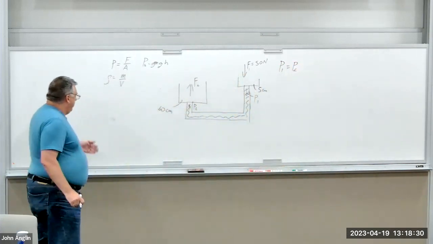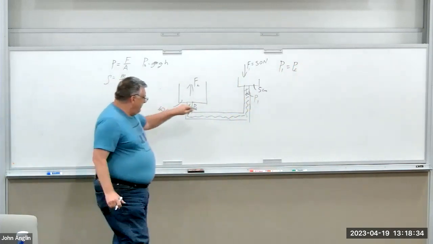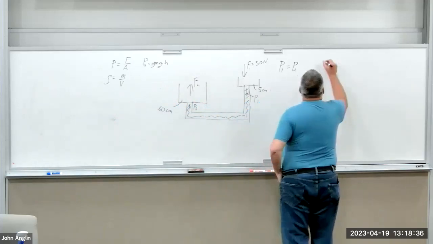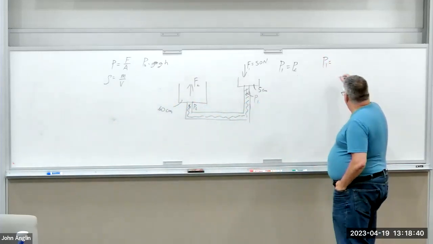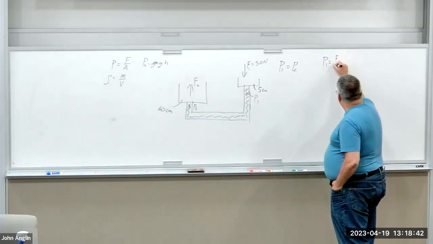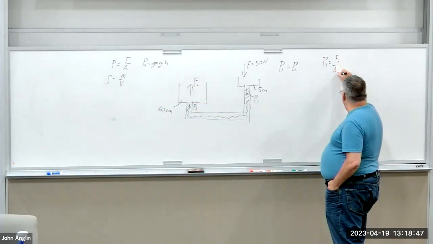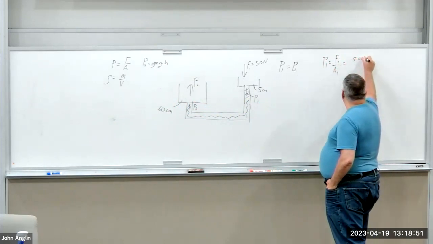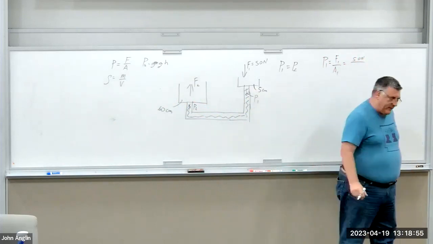So let's find what P1 is. Remember, pressure is force per unit area. So we have the force at 1 over the area at 1. Well, we know what the force at 1 is. That's 50 newtons. The area at 1, we're going to have to do a little math.